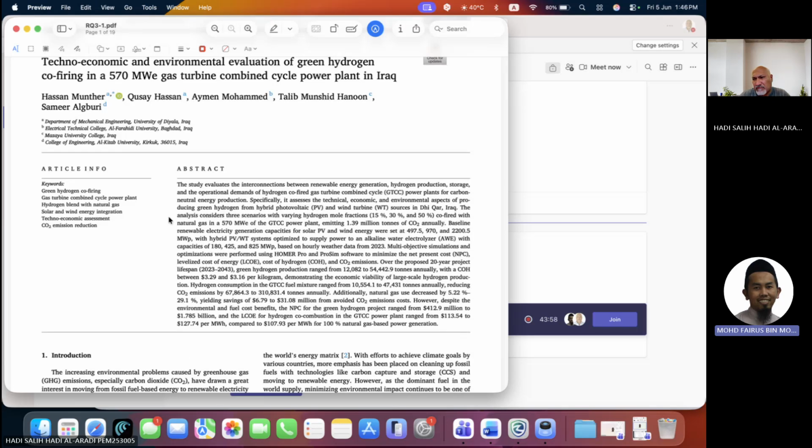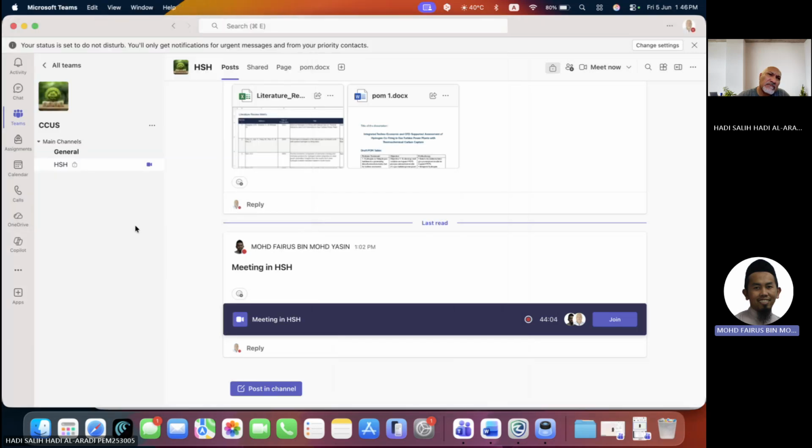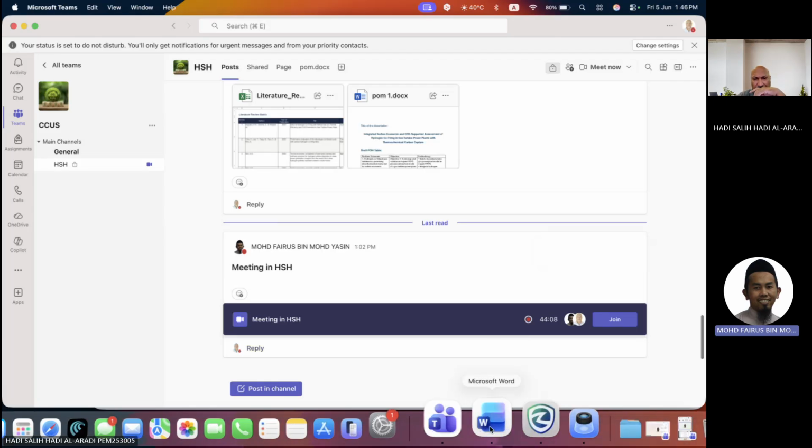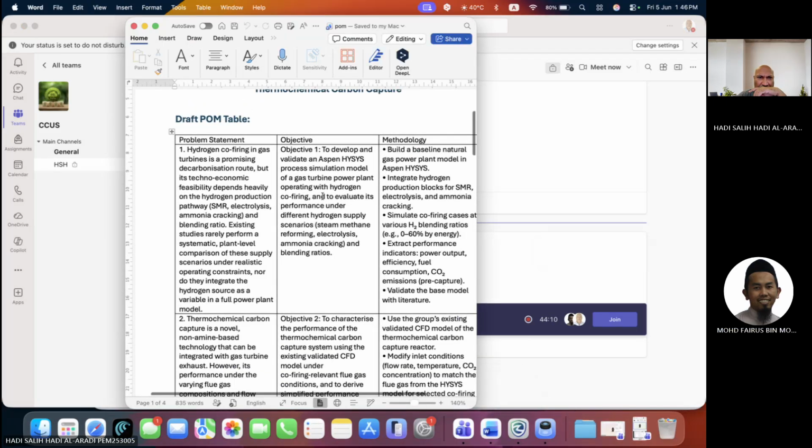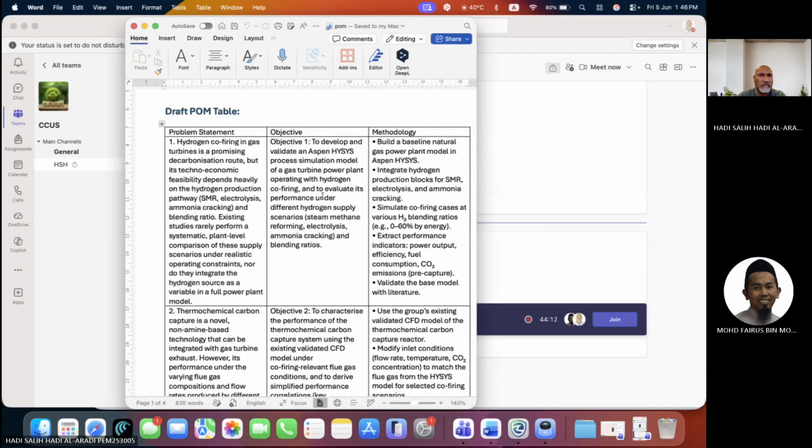So far in your POM table, you're not indicating any attempt to relate your study to a specific thermal plant anywhere in the world. Try to make it specific.